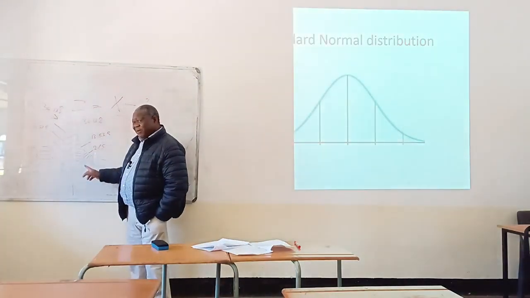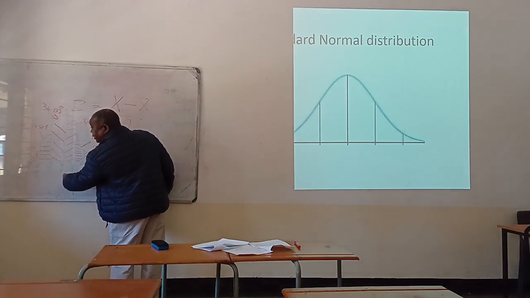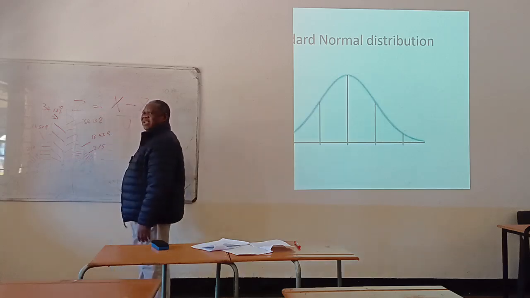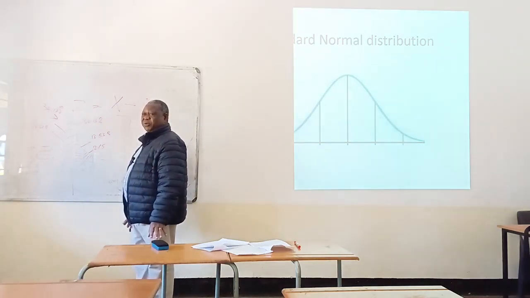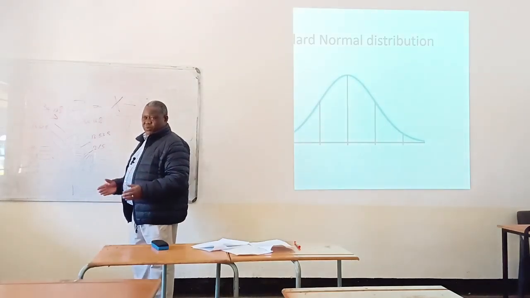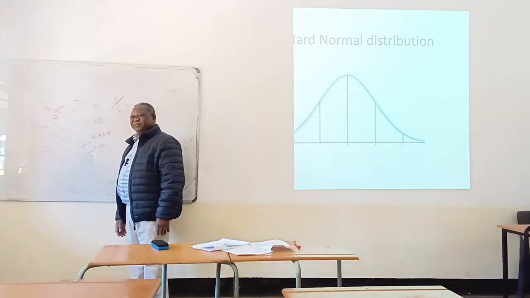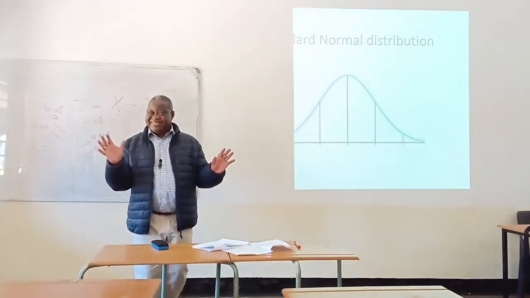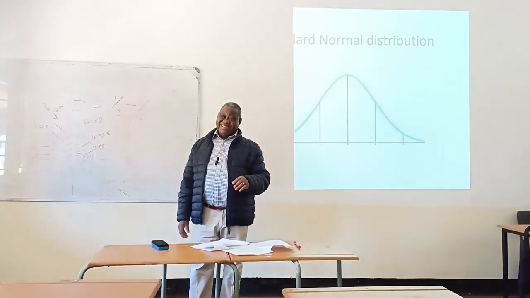What the table is telling you is that the area between the mean and the 2, this area, contains 0.4772 proportion of the observations, which is 47.72% of all the scores. Happy? At the back? Not really.